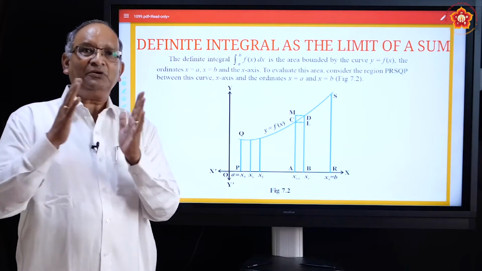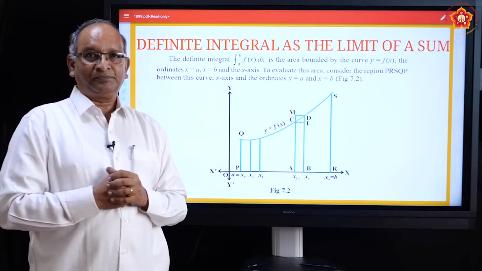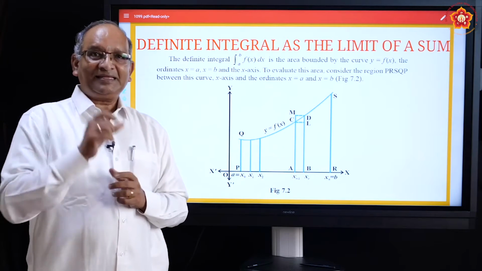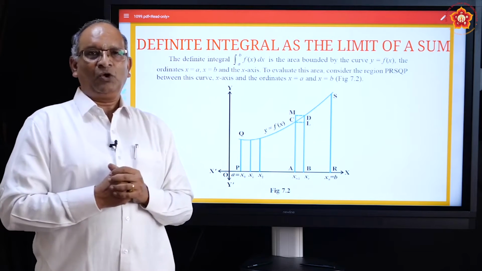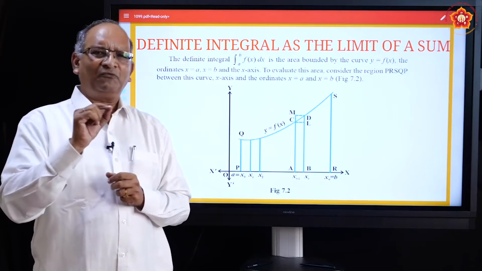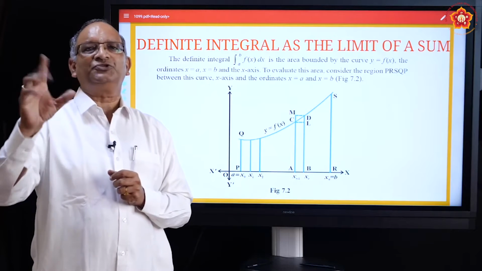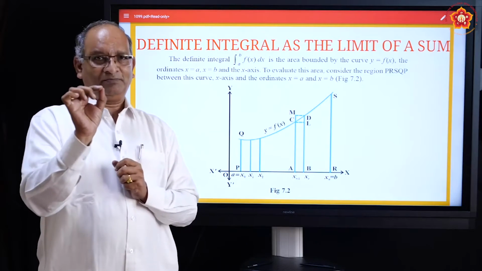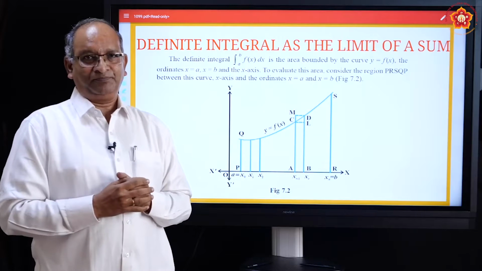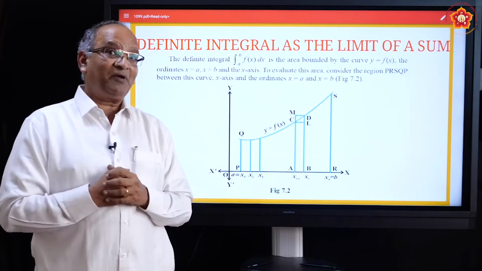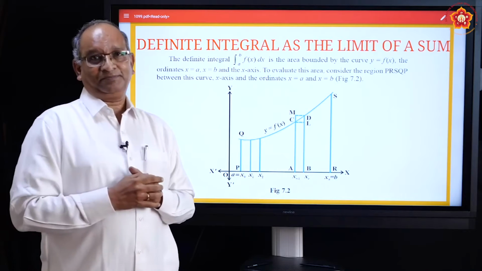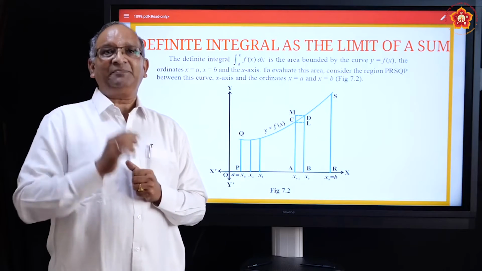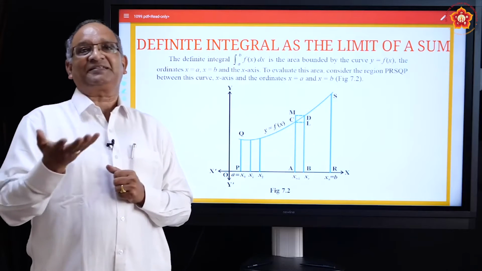We are dividing into several strips, and the width of the strip we are taking as h. What is this h? A value which is very close to 0, very, very small. How many strips you can divide depends upon what you divide with. The width of the strip depends upon the number of strips.